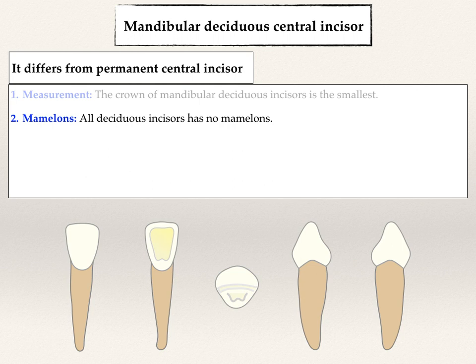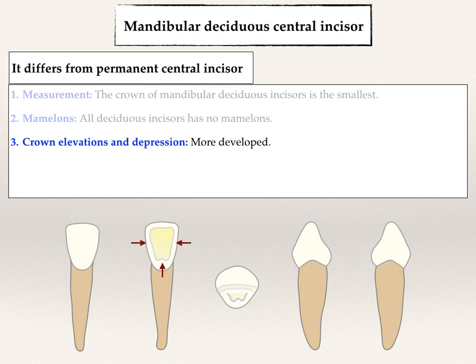Crown elevation and depression are more developed. No mamelon. Proximal marginal ridge, cingulum, incisal ridges, the lingual fossa and the cervical ridges are more developed.